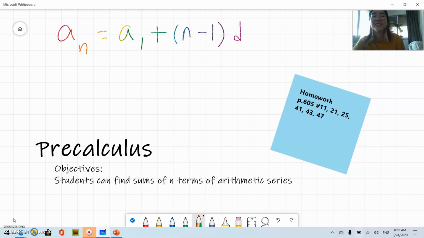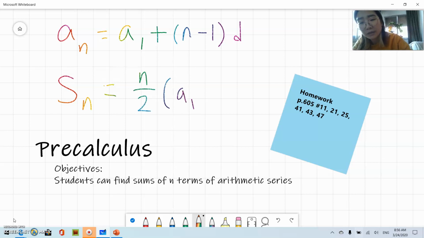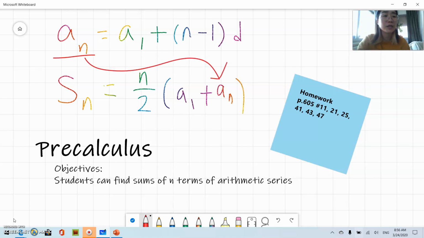This, okay, and then the other one is finding the series, A1 plus An. But sometimes you might have to use this and then substitute here as you find the series. Okay, that's it for today.